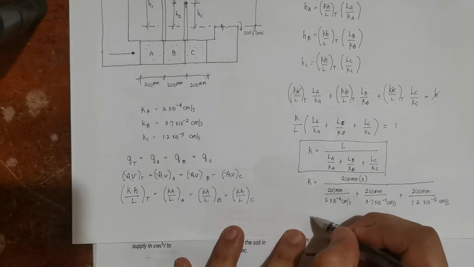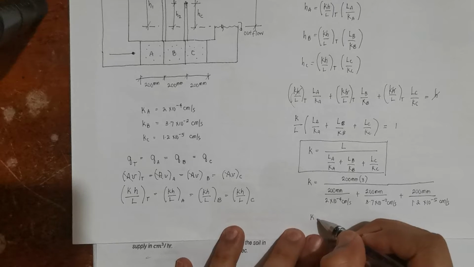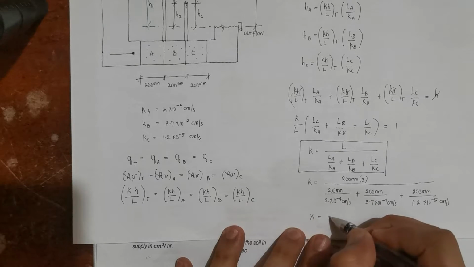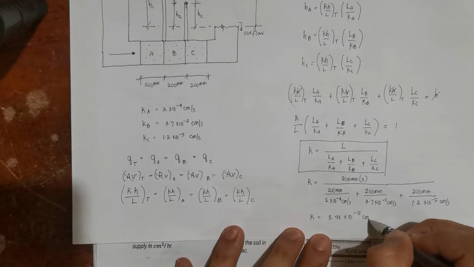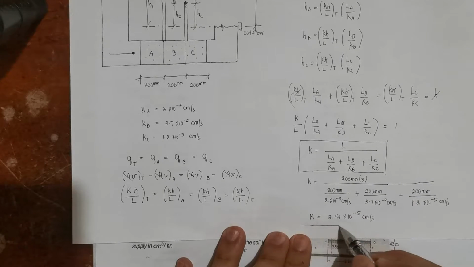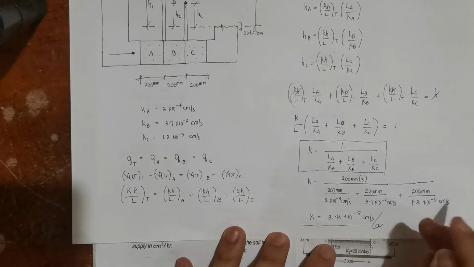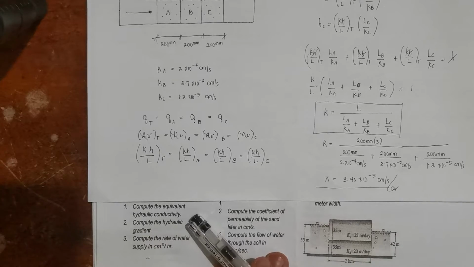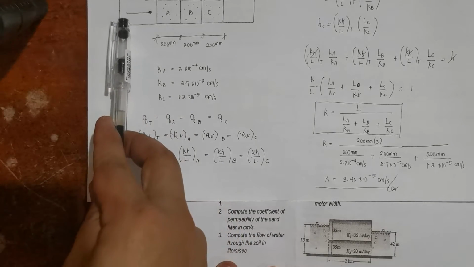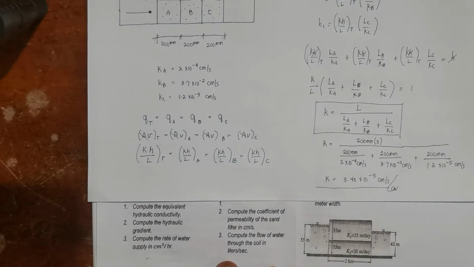Computing for the value of K, you will get a value of K which is 3.40 times 10 raised to negative 5 centimeter per seconds. And that will be our first requirement, the value of equivalent hydraulic conductivity, and that is for the vertical direction.